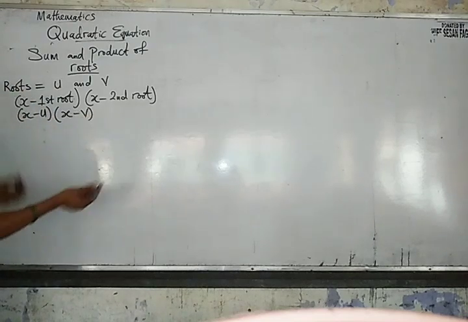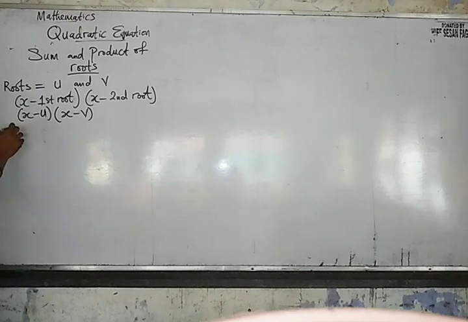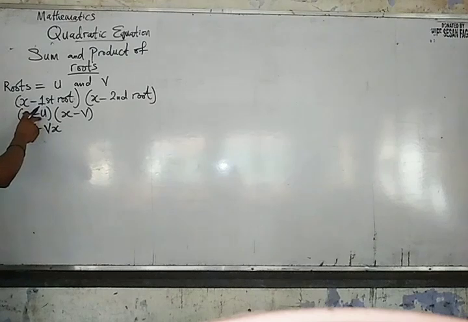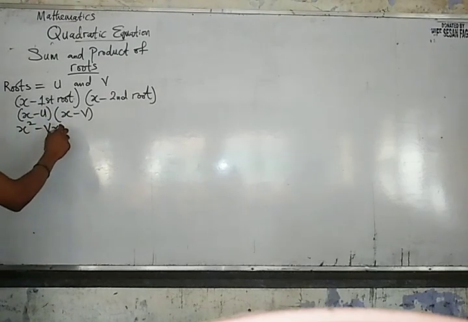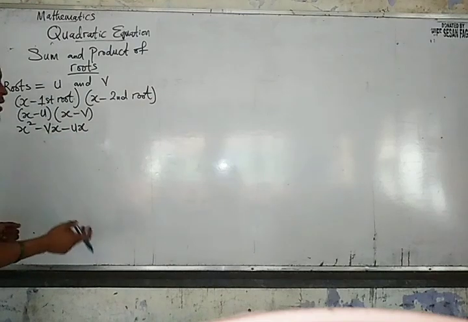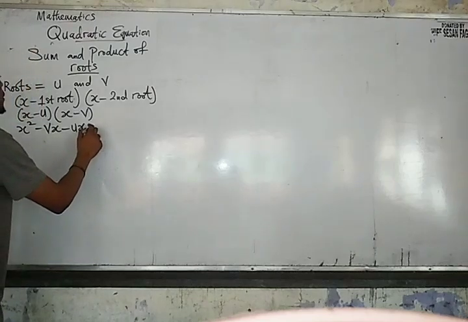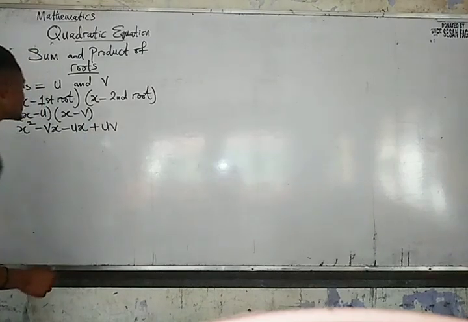Now when we open this bracket, x multiplied by x, we have x squared, then x multiplied by v, we have minus vx or xv, minus u multiplied by x, we have minus ux, and finally minus u multiplied by minus v will give us plus uv.